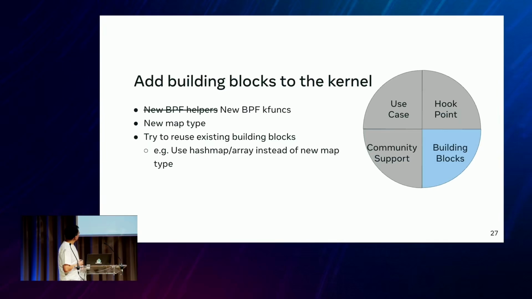And sometimes we need new map types. Here I want to say, try to reuse existing building blocks, especially when you are exploring something new. For example, you can use a hash map or array instead of creating a very well-designed map for your use case. Later, we can optimize that, but if you use something already there, it's going to make your effort to do something new much smoother.